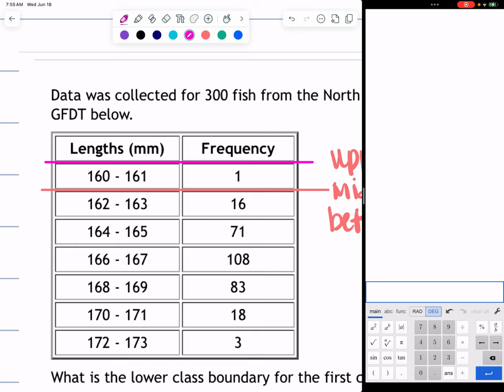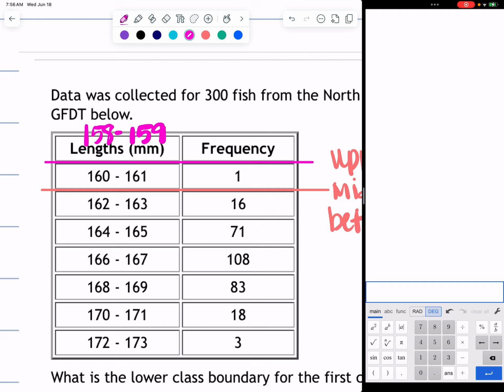Your classes skip 161 to 162, 163 to 164. So take the pattern backwards. If we continue that pattern, we would go from 158 to 159.